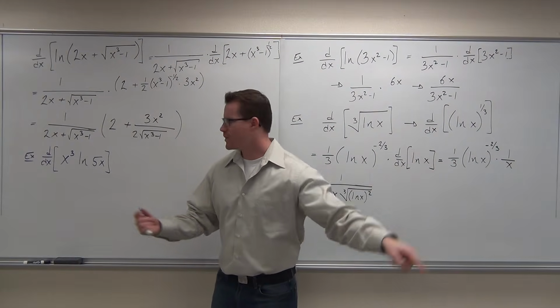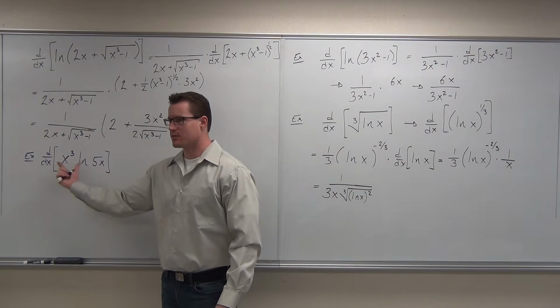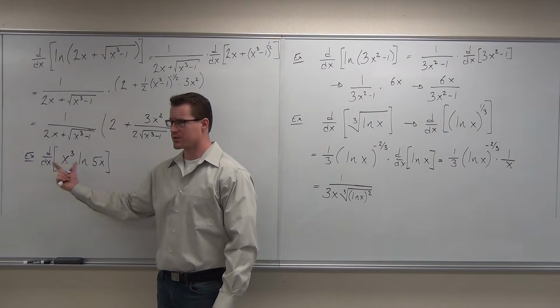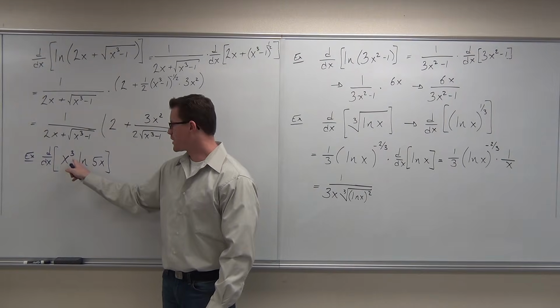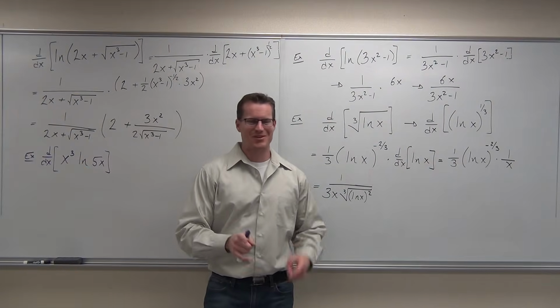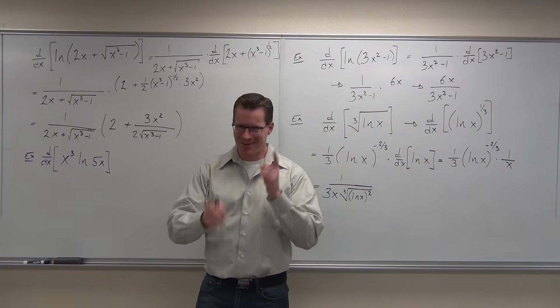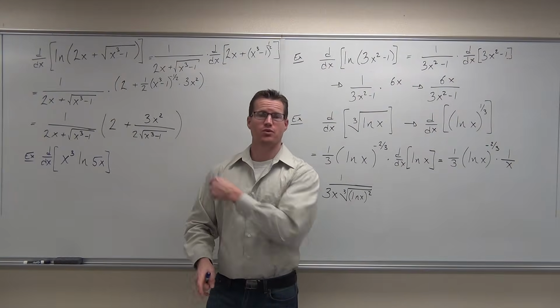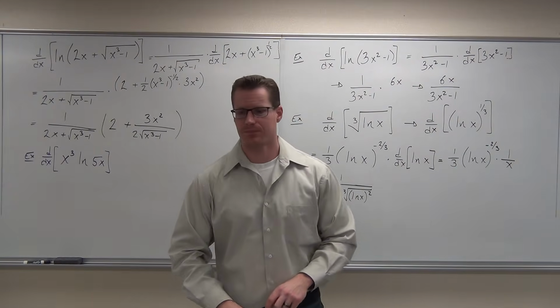You guys see it? We have x cubed. Anytime you have something in front of ln, works just like something in front of parentheses is being multiplied. So there's a product right there. Do you remember? Remember the product rule? Yeah. Show me the product rule here. Go for it. Write it out.